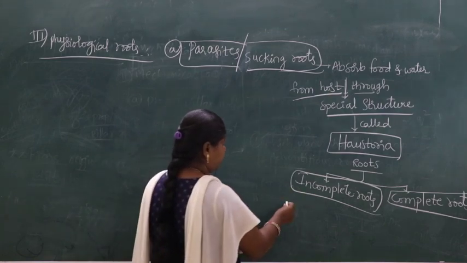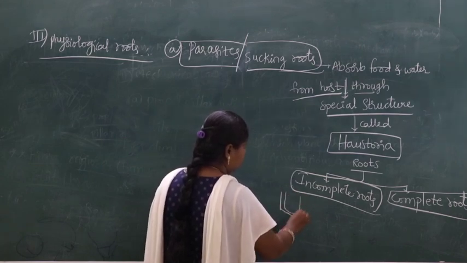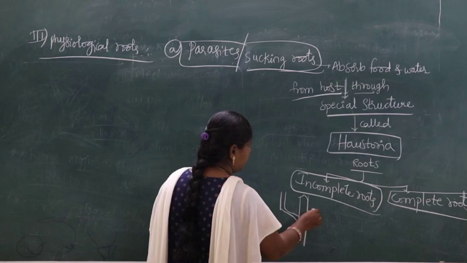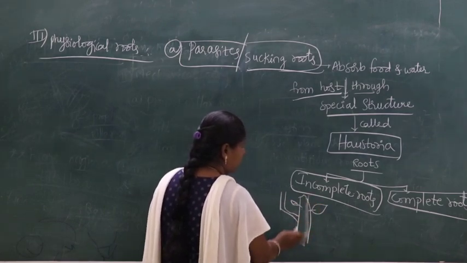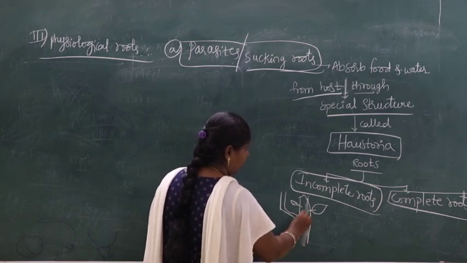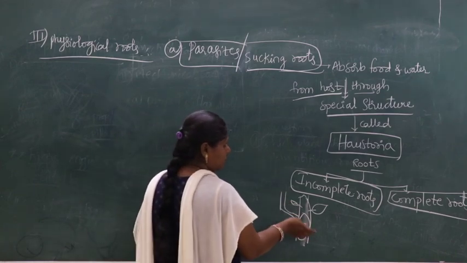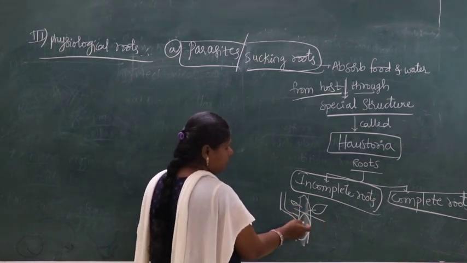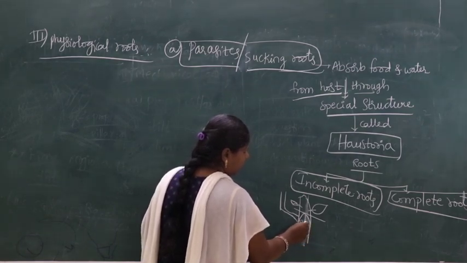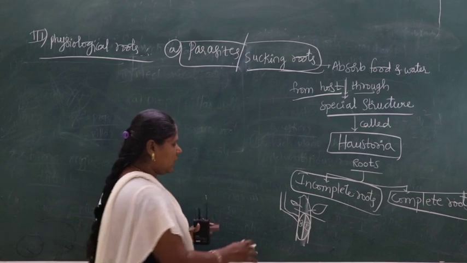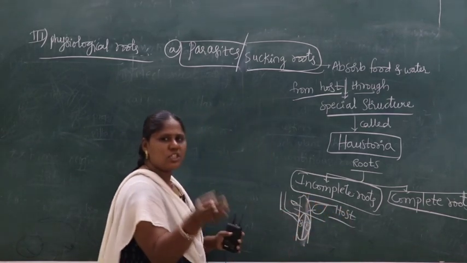Suppose this is the root system, and the root enters into a host plant. In this host plant you find a vascular bundle in the stem or in the root. It contains xylem and phloem. Host plant means who is giving shelter.